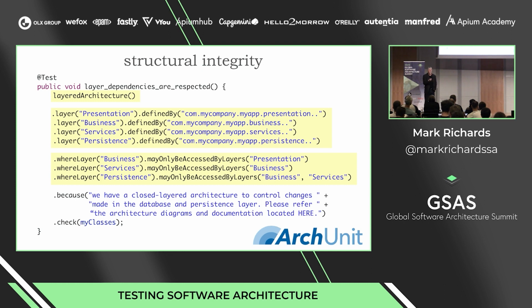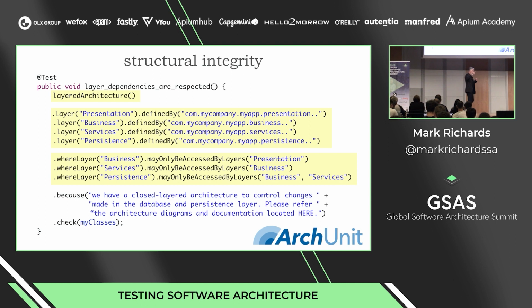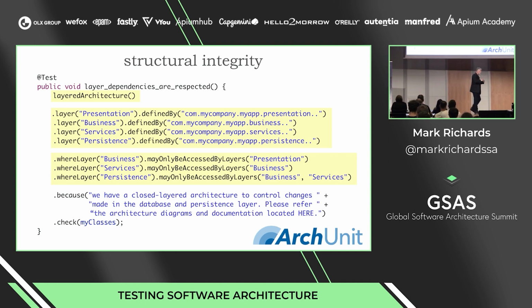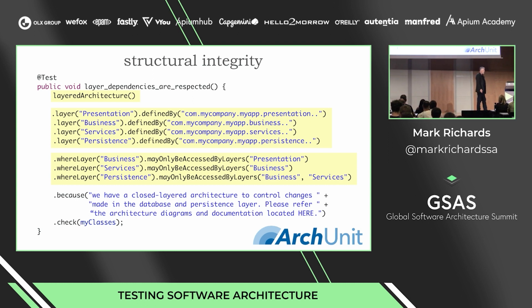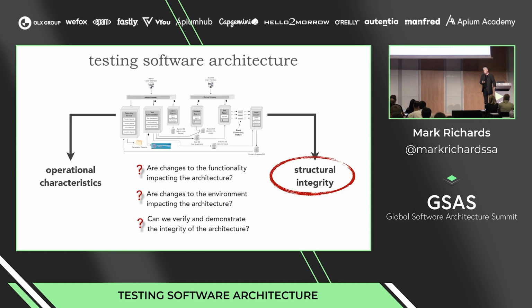This section defines all the constraints of who can talk to who. And if there's any class in one of those packages or namespaces that tries to talk to something else, fail. These are great tests.